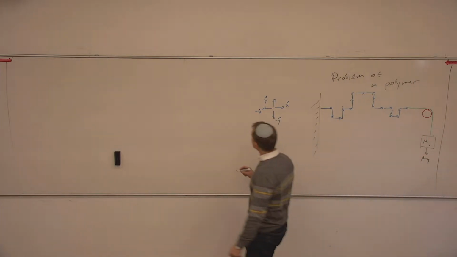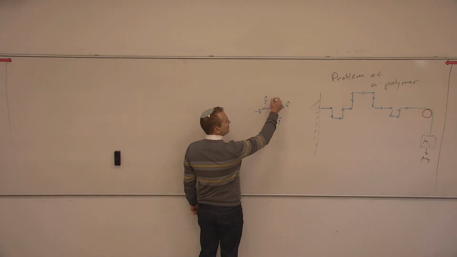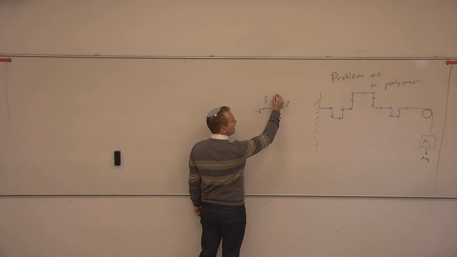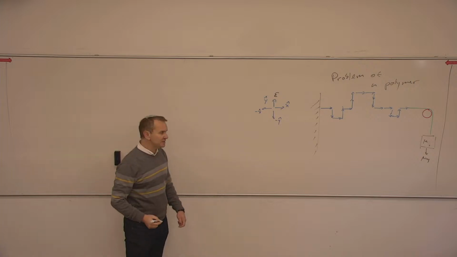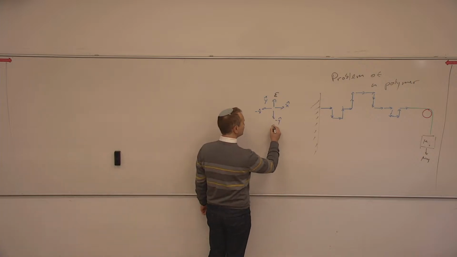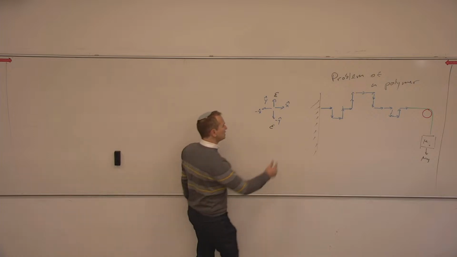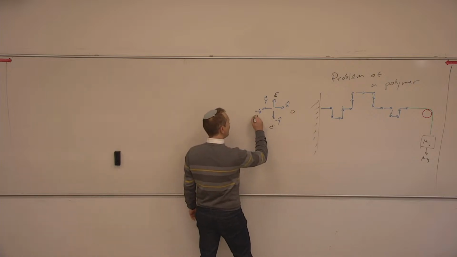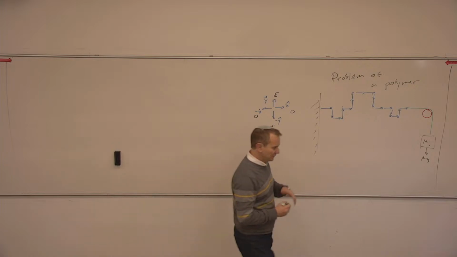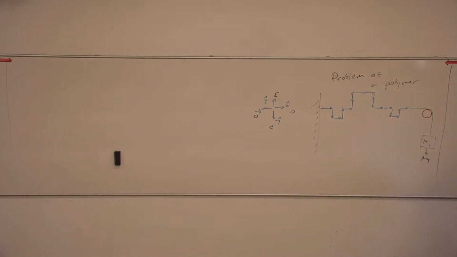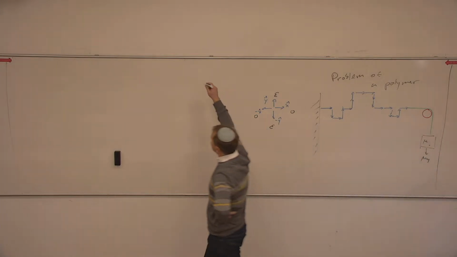So if I'm going up, this has an energy of epsilon, this has an energy of epsilon, and if I'm oriented along the x direction, I have an energy of 0 and I have an energy of 0. And after we worked a little bit around it, we obtained the following expression for the total energy.